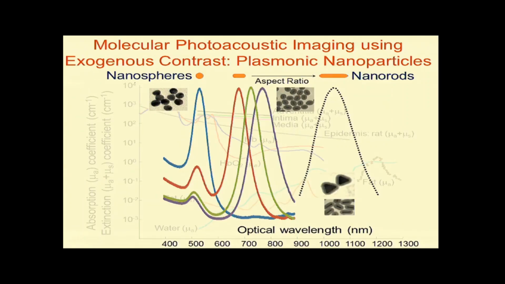Now, there's something else that will separate nanoparticles from dyes, and that something else is called tunability, which means if I'm interested in imaging of blood, I really cannot take nanoparticles that absorb at these wavelengths. The blood will be dominant. So what I need to do is take my nanoparticles and move them in terms of absorption all the way to the near infrared, 1100 nanometer wavelengths.